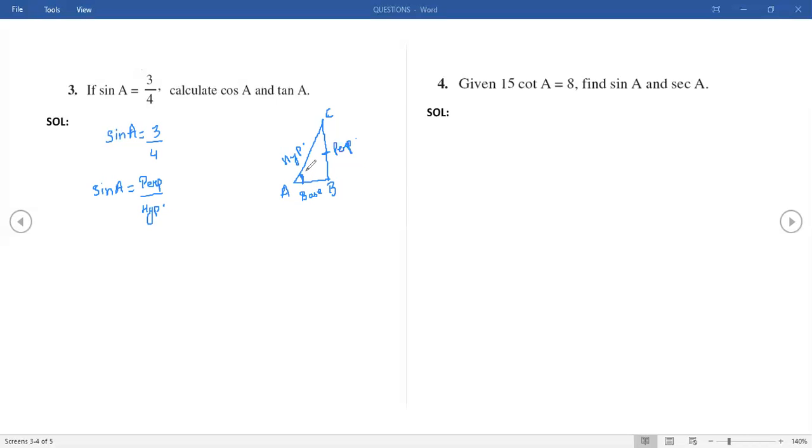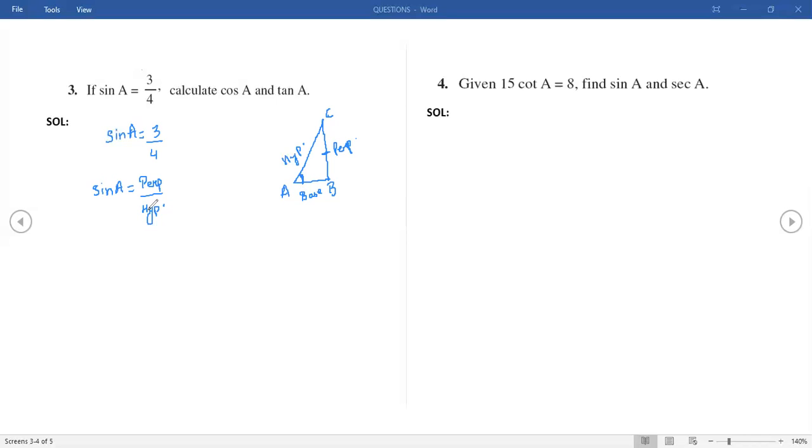One important note here: the perpendicular and base which I've been telling change with respect to the angle. It's not fixed for the triangle; it will be fixed only for this particular angle. If I change the angle, if I talk about C, the perpendicular will be different and the base will be different. That we already saw in the first and second question.